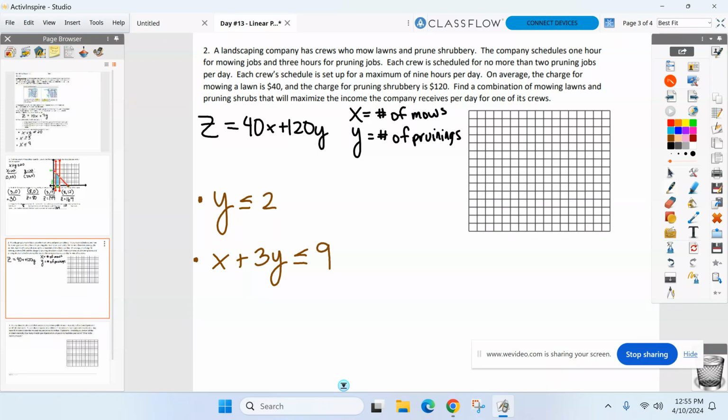And now we've taken care of it. We don't put the money with anything. The money is strictly for our z equals. So there's all the restrictions now. Any questions on those? Okay. There's only 2 to graph, and 1 is pretty easy. The y is less than or equal to 2. I would find your intercepts, though.